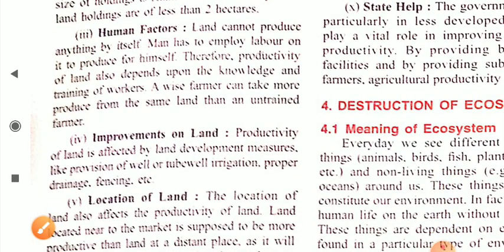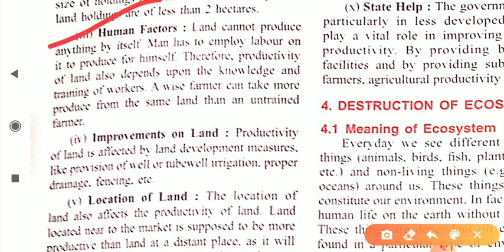Okay, dear student, next part is human factor. Land cannot produce anything by itself. Man has to employ labor on it to produce for himself. We must need the human factor to produce commodities, to produce wheat, rice from the land.